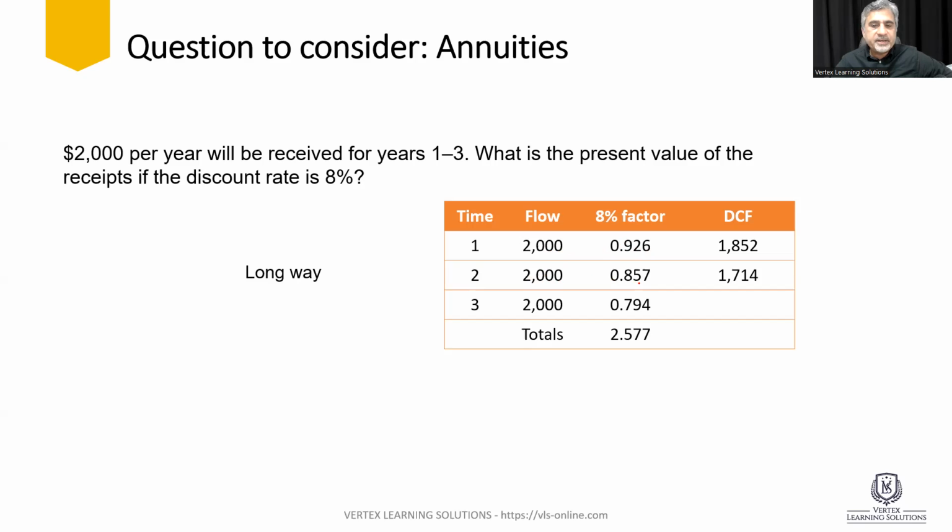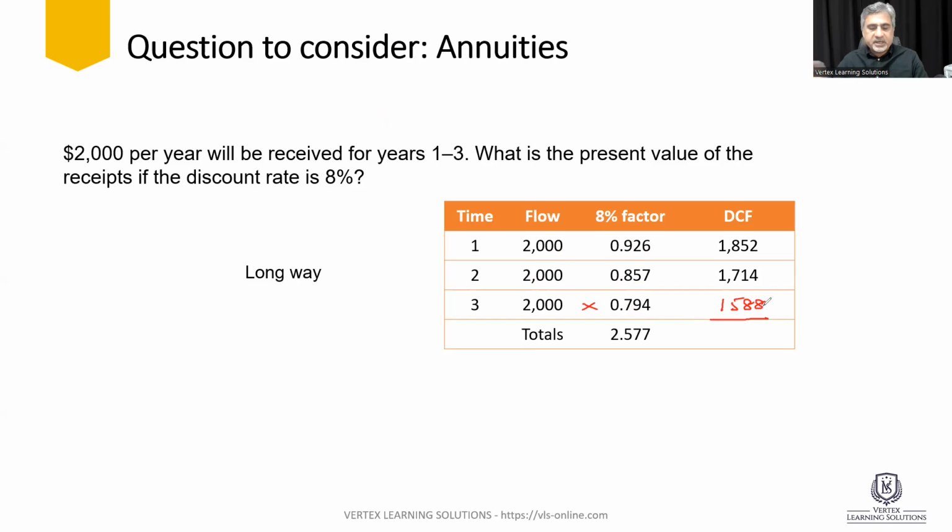Then for year two, it is 0.857. Then for year three, it is 0.794. And I think that my team has not done this calculation. So 0.794 multiplied by 2,000 makes me something like 1588. Okay, I just multiply this one.